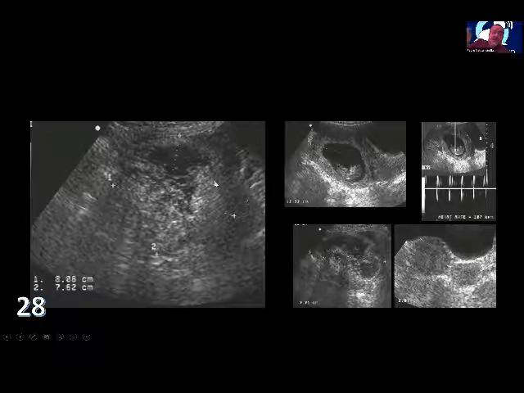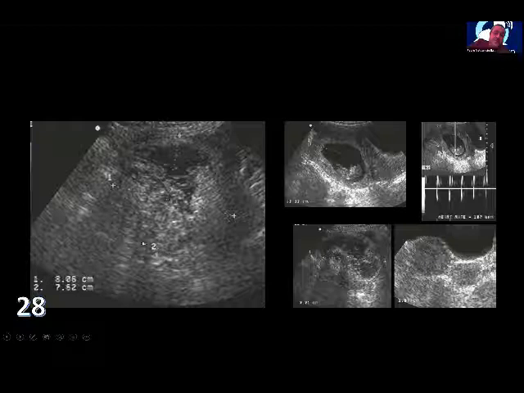This is the same patient with a pelvic mass and a pregnancy. Baby with a heartbeat. Long axis of the, well, no, this is the opposite side ovary, and this is the affected ovary, which is complex, not that easy to see. The deeper boundaries of the mass are lost here.